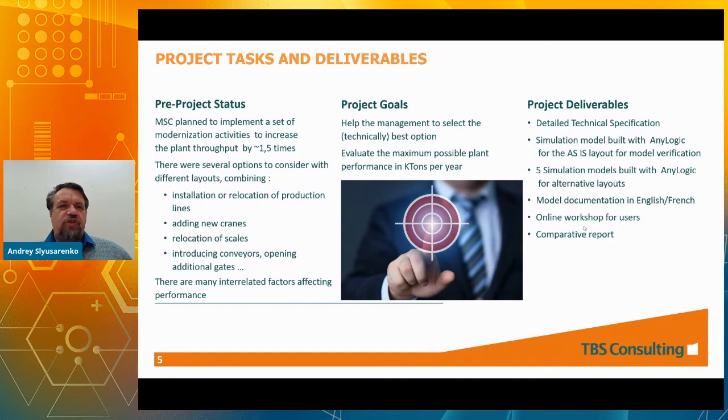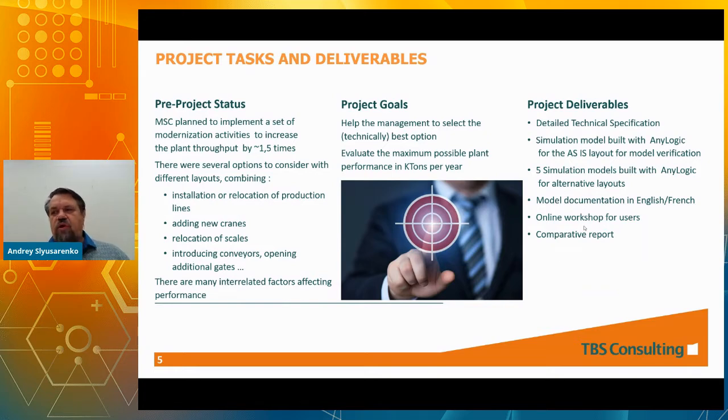And what was the question? The plant management decided to increase the plant productivity. They have an ambitious target of increasing the productivity by about 1.5 times and consider installing a new production line. Just imagine that it has rather big dimensions. And of course, there were several options to consider with different layouts.